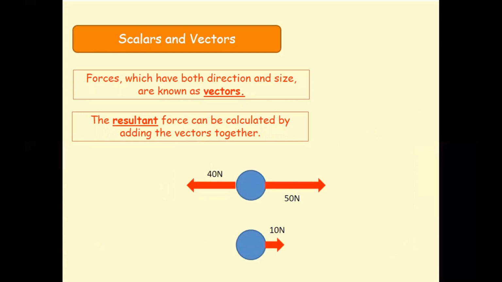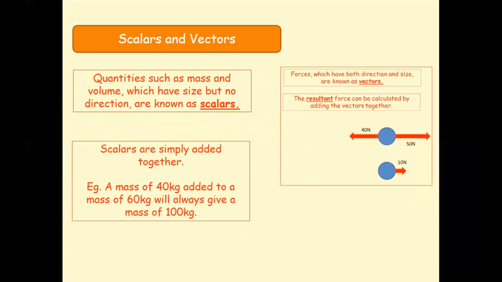So that is actually the difference of the forces. Quantities such as mass and volume, which have size but no direction, are called scalars. Scalar quantities are simply added without any particular criteria of vectors because they don't need any direction.